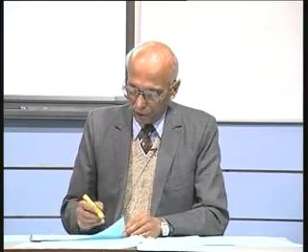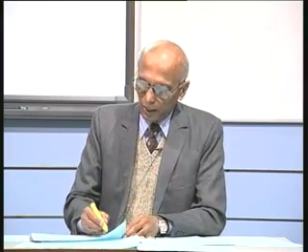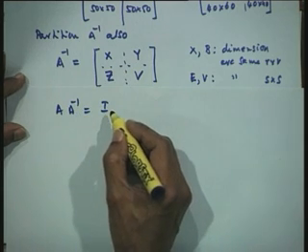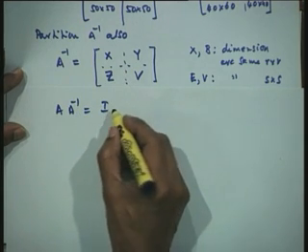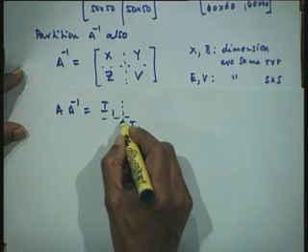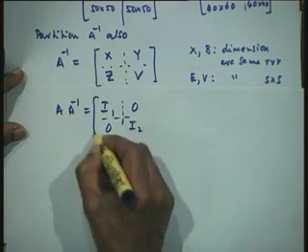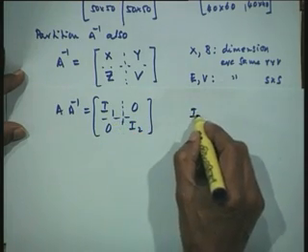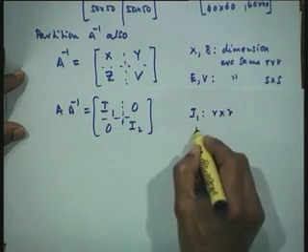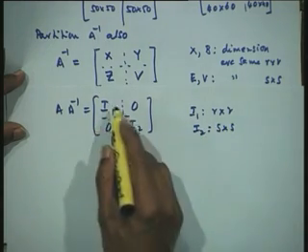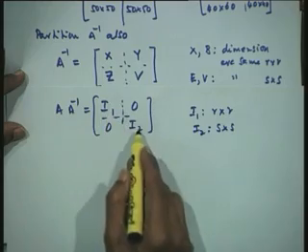Now it is straightforward. So I will take that A times A inverse should be equal to I, and this I will also partition as I1 and I2. I1 is of dimension R into R, I2 is of dimension S into S. So I will partition it into two identity matrices I1 and I2.